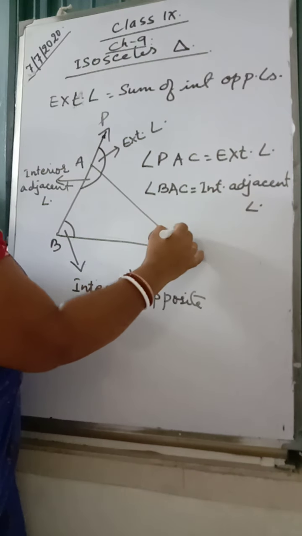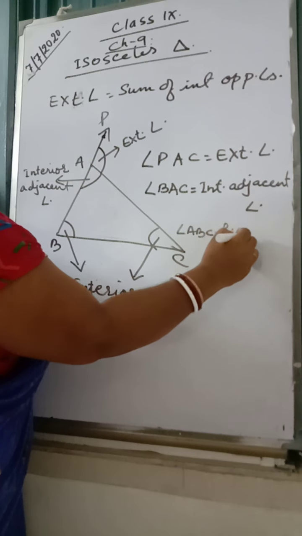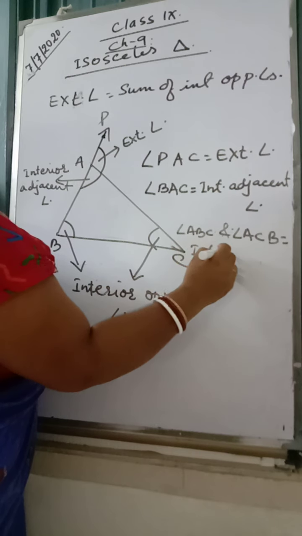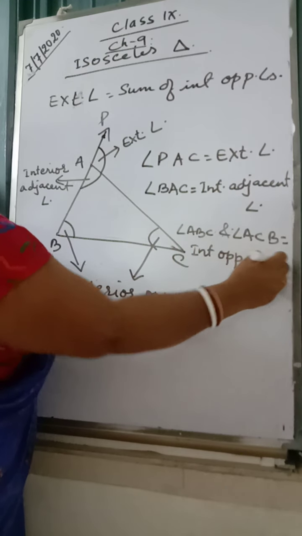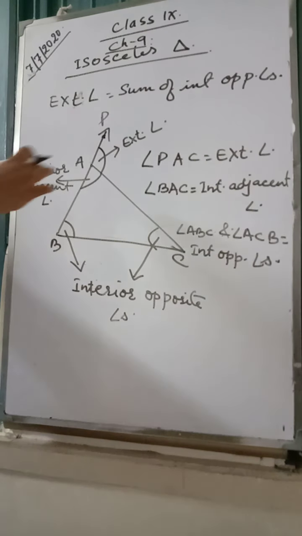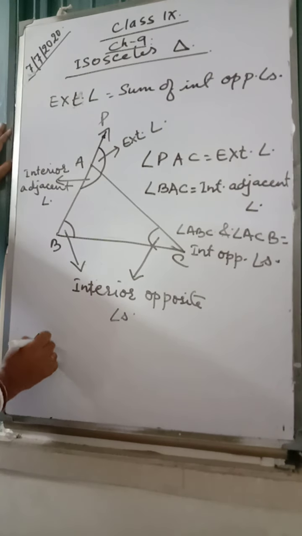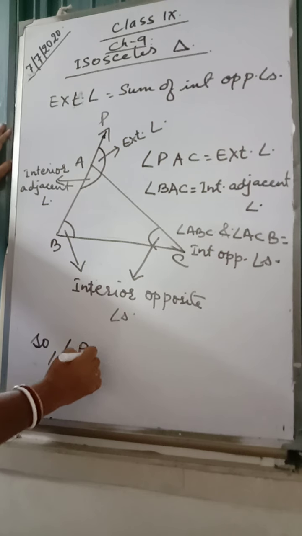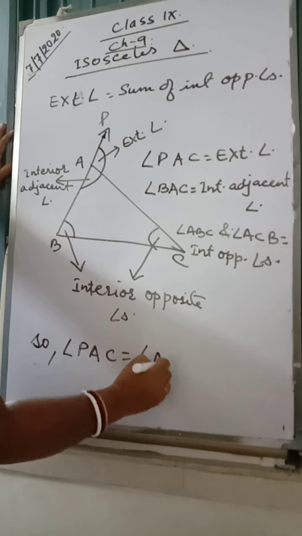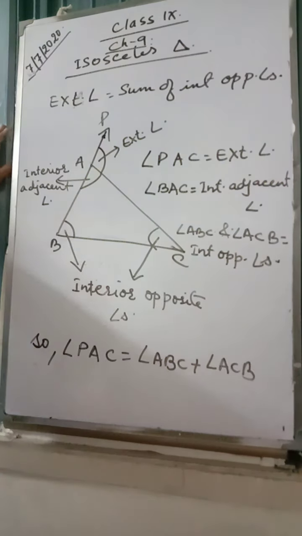Angle ABC and angle ACB are the interior opposite angles. Now the formula is: exterior angle is equal to sum of interior opposite angles. So we can write angle PAC is equal to angle ABC plus angle ACB.